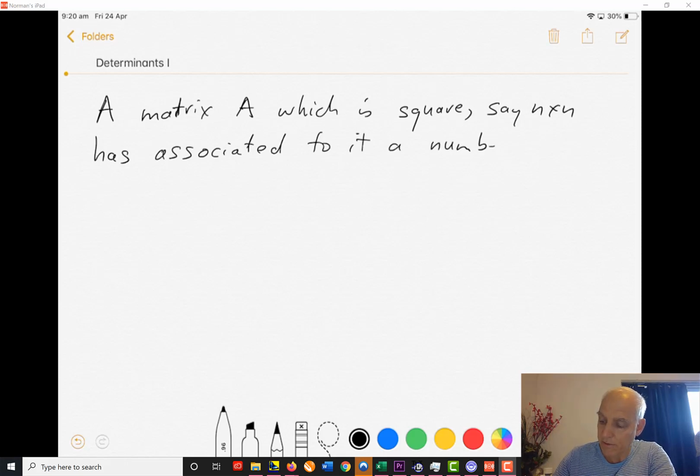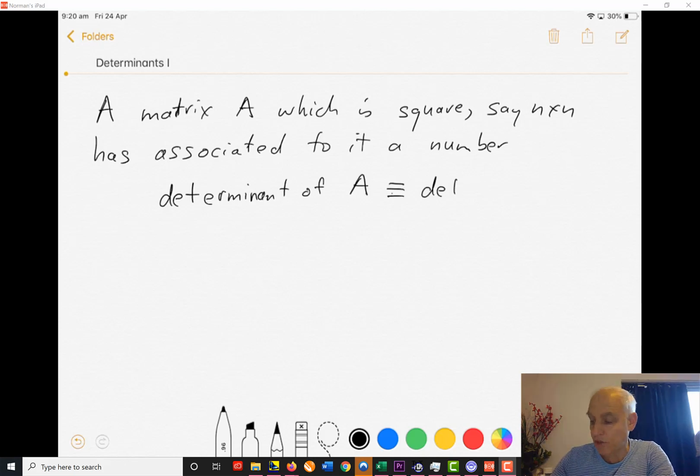So the determinant of A is expressed in a number of different ways. Sometimes we write determinant of A with a bracket. Sometimes we write determinant A without brackets. Sometimes we write A with an absolute value around it. Okay, so it's a number.